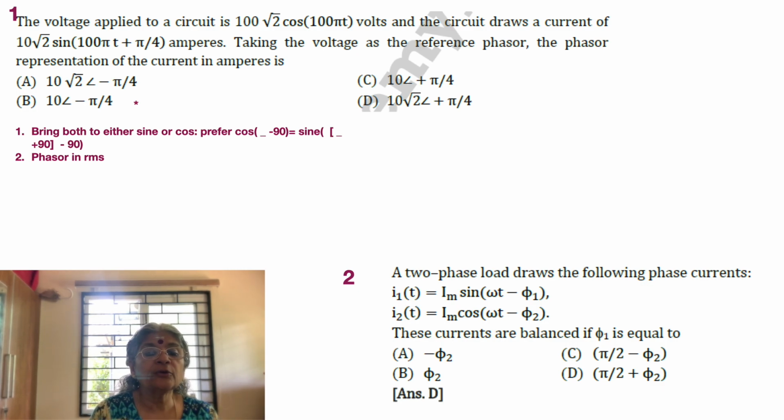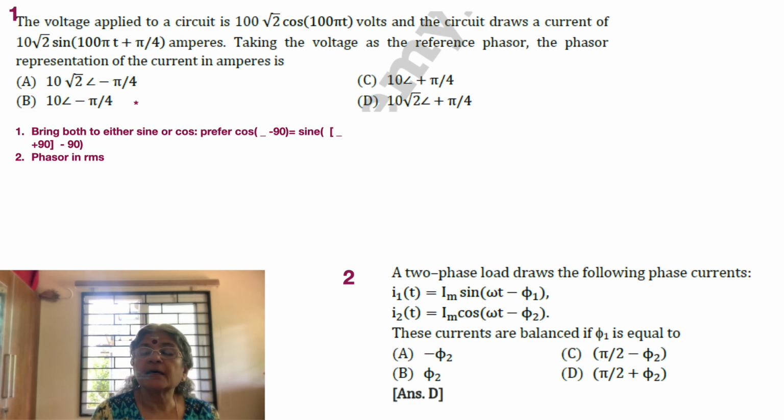And the circuit draws a current of 10 root 2 sine (100 pi t plus pi by 4). So what all do we have? We see that there's a maximum value 10 root 2, which means that the RMS value is 10.